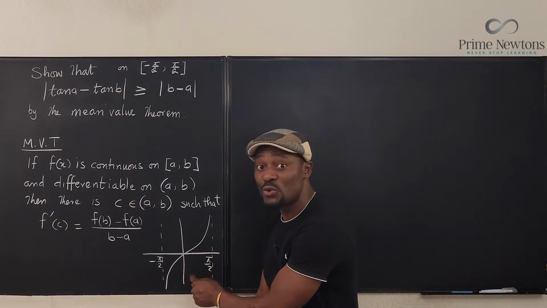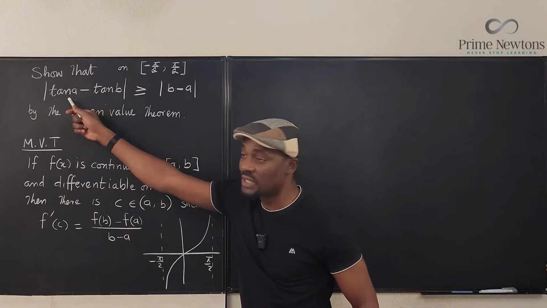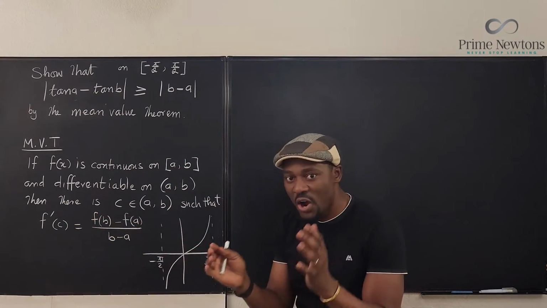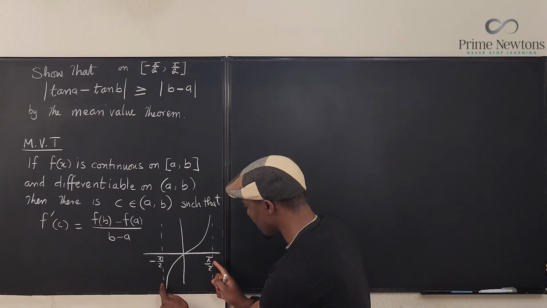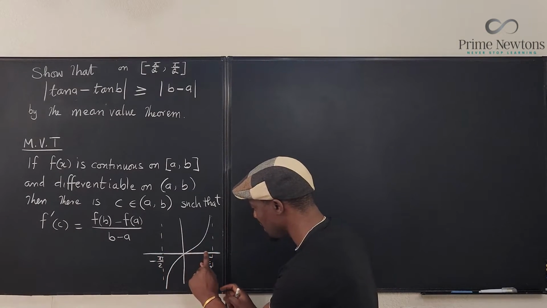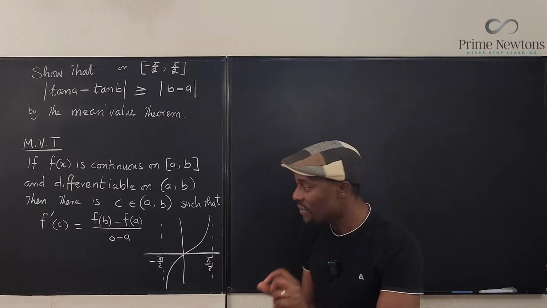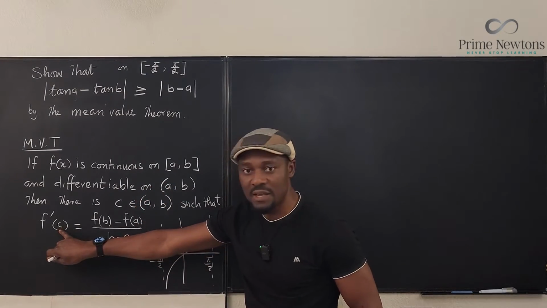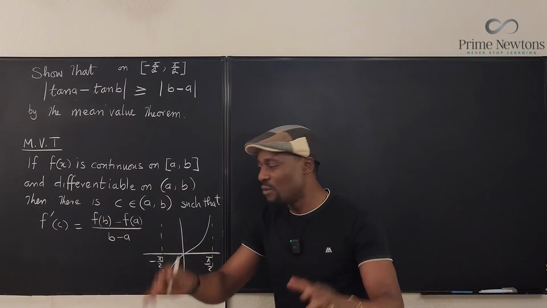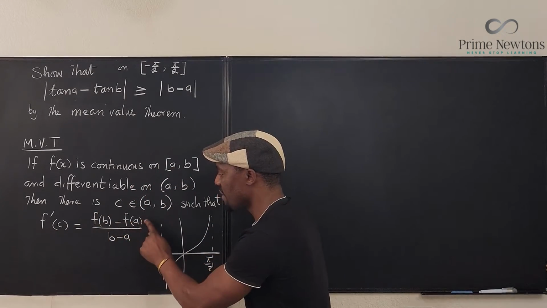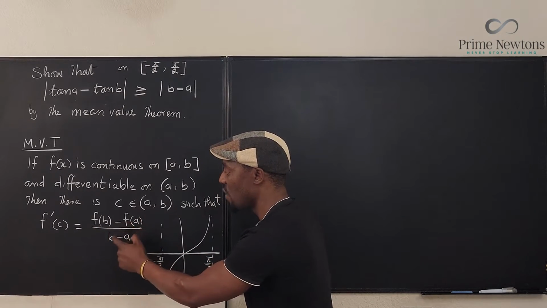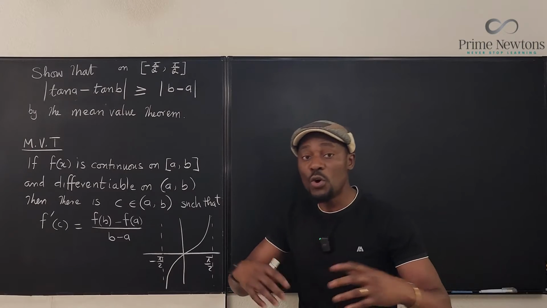Then if this is true for tangent, because that's the function we're dealing with in this case, then there is a c between this and this point. There has to be a c somewhere here, so that if you take the derivative of tangent and you plug in c, it will be exactly equal to f of b minus f of a over b minus a. That is tan b minus tan a over b minus a. We don't know what a is.